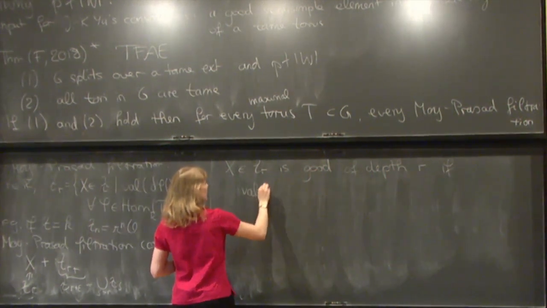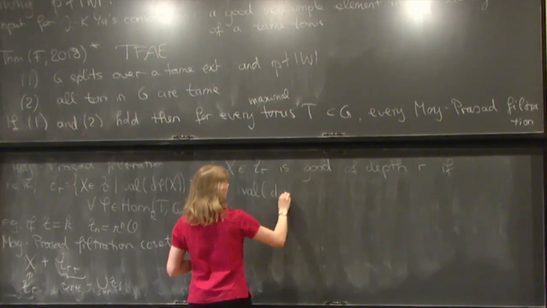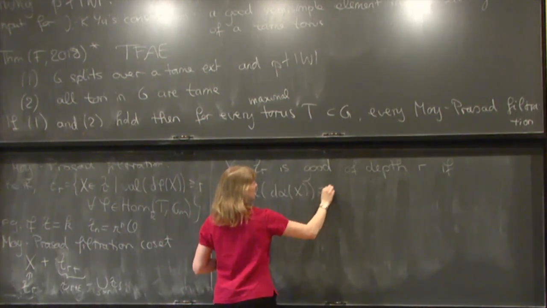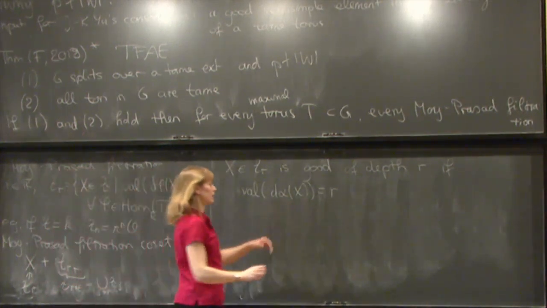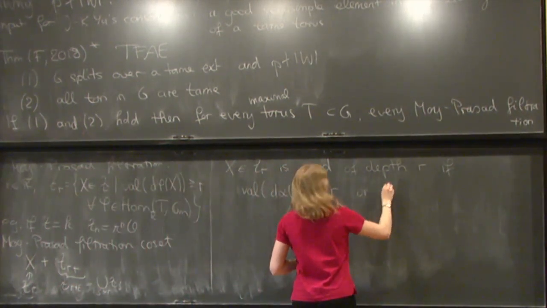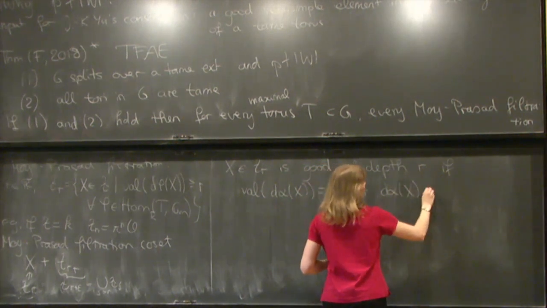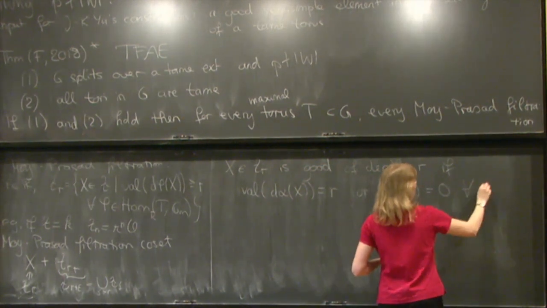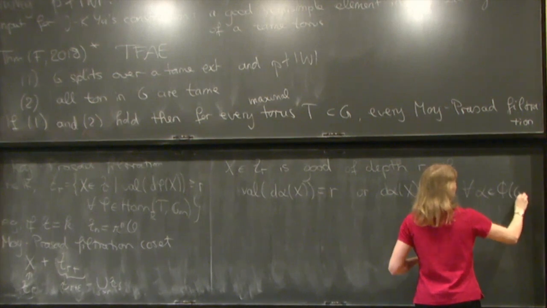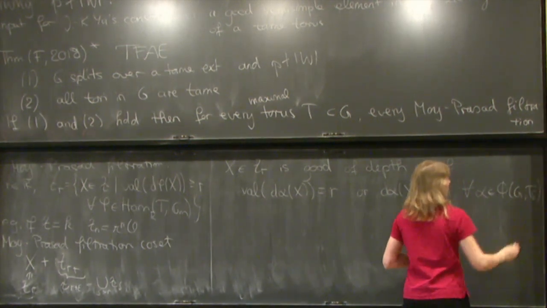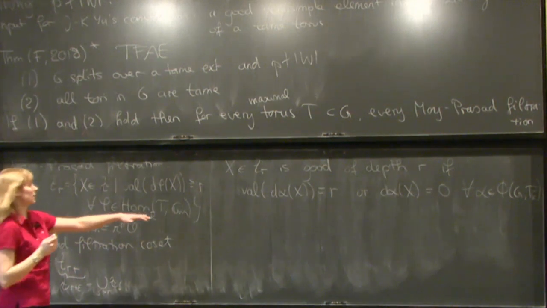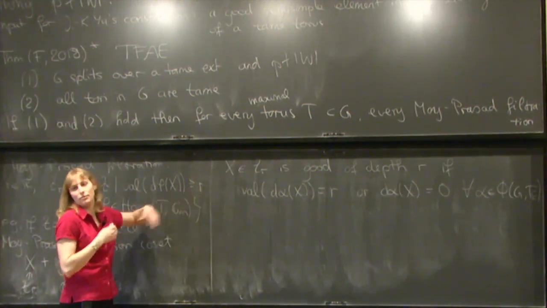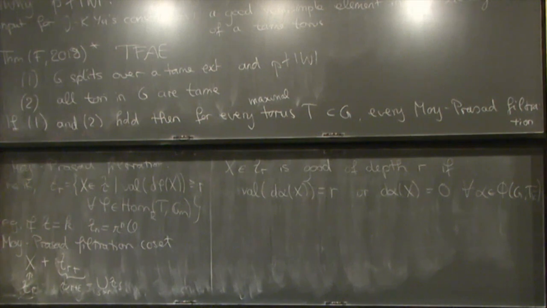If the valuation of d alpha of X is precisely R, so not just greater or equal, but precisely R, or if d alpha of X is equal to 0 for all roots alpha of our group. So that means we want for every root to have equality here, or we want it just to vanish. So it's very regular, it's very nice in some sense.